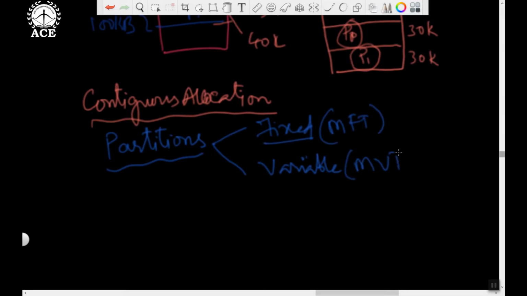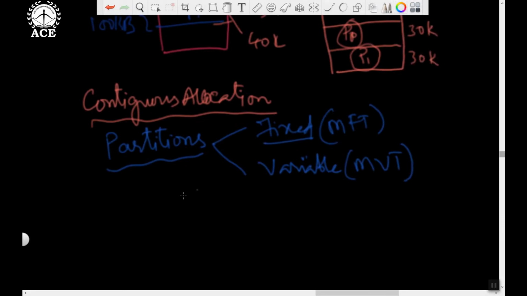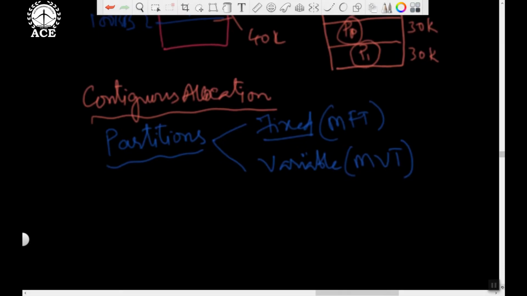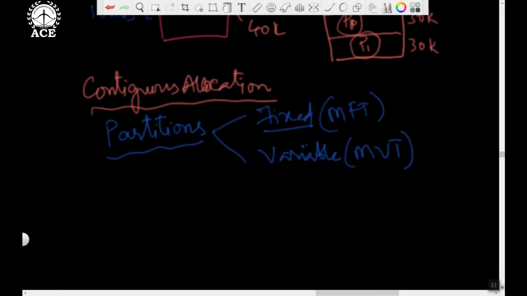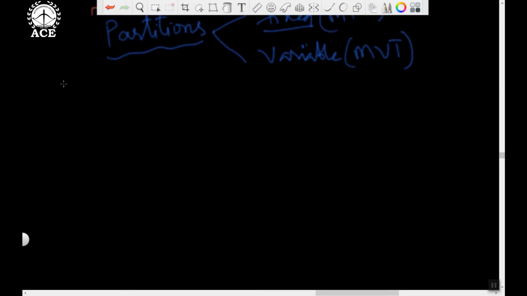I recommend that you refer to the notes and try to see the discussion that we made in the class so that you can recollect and we can proceed with the new topic. Partitions are classified into fixed and variable. Fixed partitions are also called MFT, multi-programming with fixed tasks, and variable partitions are also called MVT, multi-programming with variable tasks.